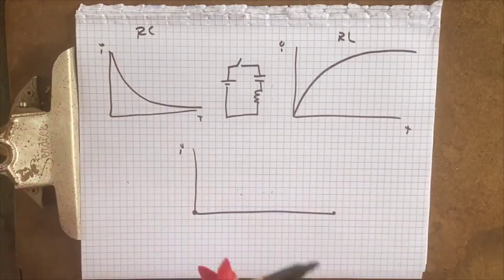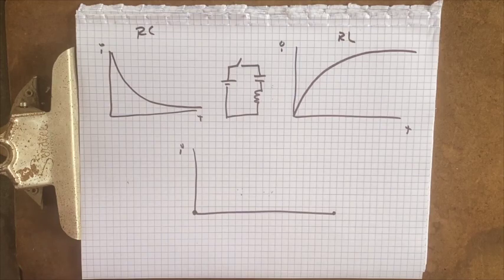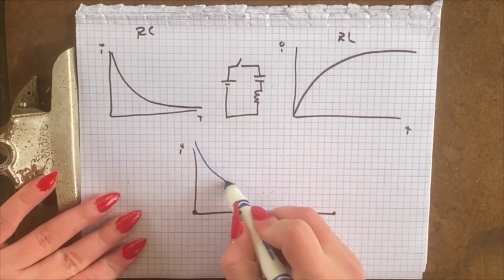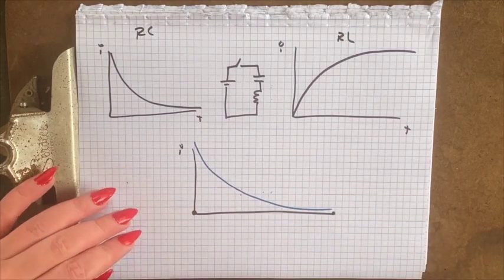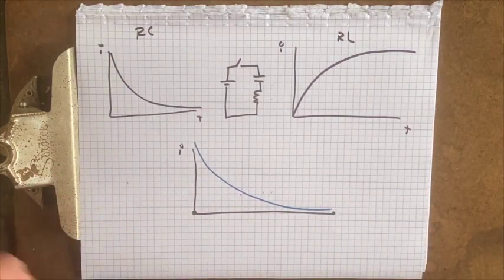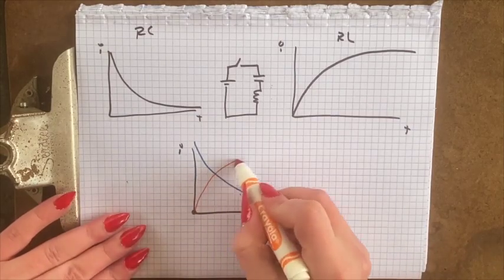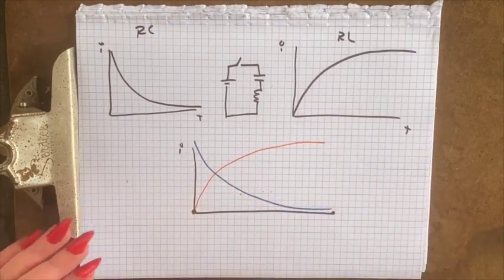So we might have to kind of suppose, what would this graph look like? And if I'm going to make blue represent my capacitor, it kind of has a case where it wants to do that. But we would have to combine it with the effects of the inductor that would want to do that.